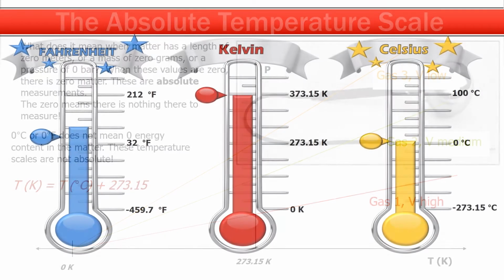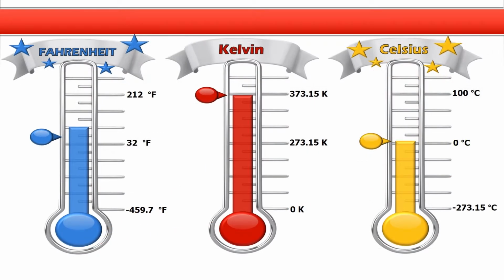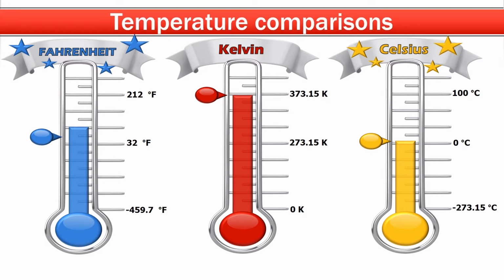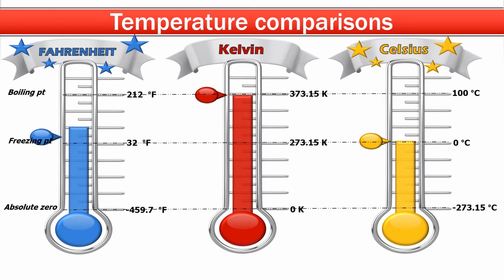You can see on this slide a side-by-side comparison of the Fahrenheit, Celsius, and Kelvin scales, with common set point temperatures on each thermometer. Since all these thermometers are measuring the same bodies at the same temperatures, and since they all are linear scales, there has to be a simple linear relationship between all of them.